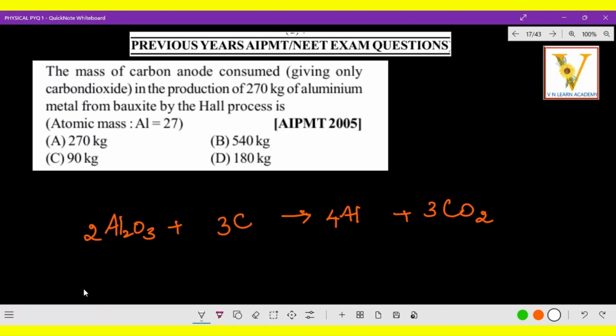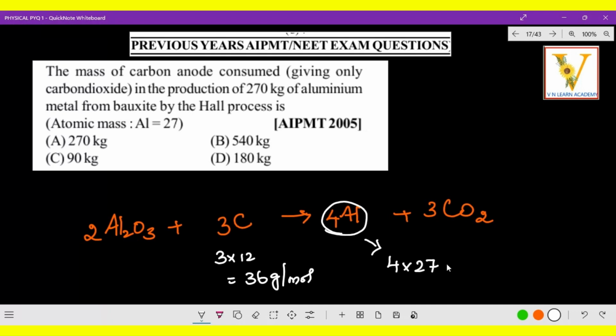Now let me write the molecular masses so that you will come to know the clarity. 3 moles of carbon, that means 3 into 12, 36 gram per mole, produces 4 moles of aluminium. 4 moles of aluminium, how much is it? 4 into 27, that is 108 gram per mole.